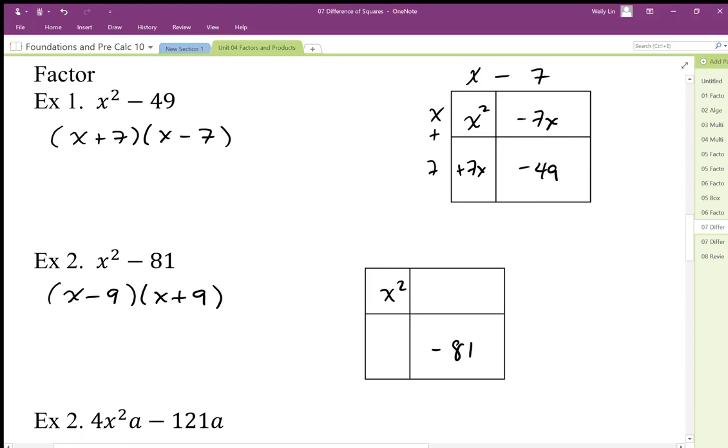We know that the diagonal terms cancel out. That means that we need the same length along here as we do along here. Well, two lengths that give us 81 is going to be 9. So we end up with minus 9, plus 9 along here. And these are going to be the parts that cancel out.